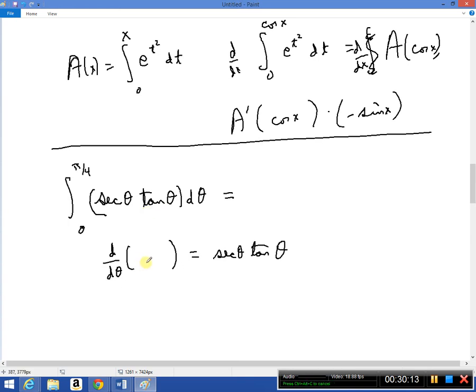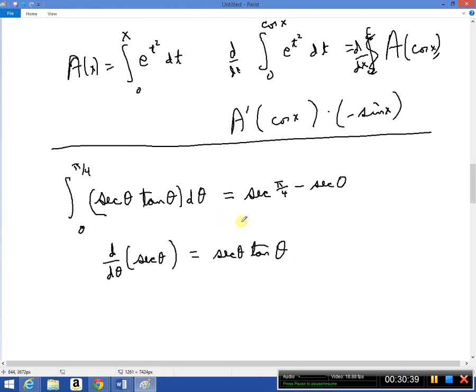So what do I put in here? And if I remember my derivatives, the derivative of secant theta would be secant tangent. So this is an antiderivative. So all I've got to do is take this antiderivative, plug in this, take this antiderivative, plug in that, and subtract. So the answer is secant of pi over 4 minus secant of 0.